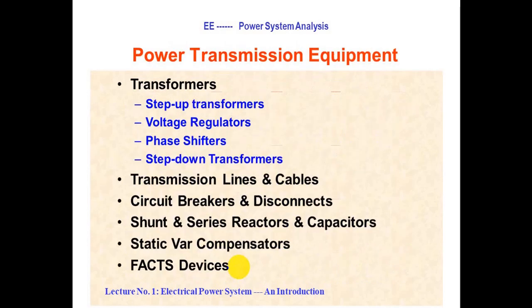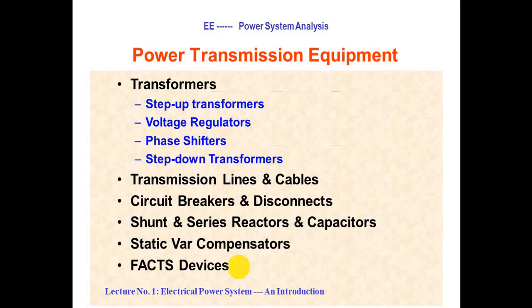And the equipment that we use in power transmission is, obviously, first the transformer, which includes step-up transformers, voltage regulators, phase shifters, and step-down transformers. When we go towards the distribution end, definitely we will move from step-up to step-down transformers.